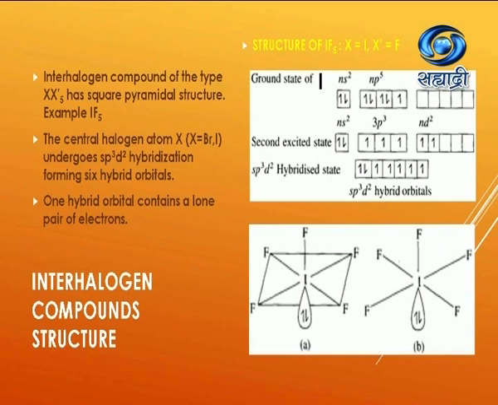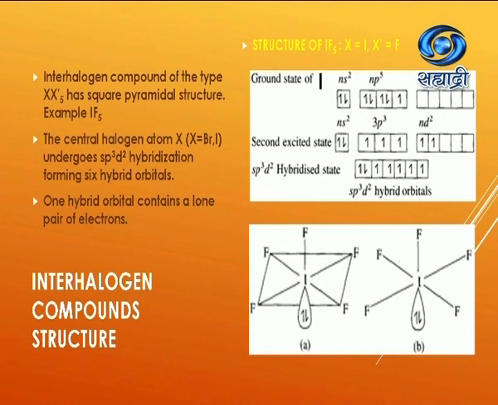And now the hybridization is sp3d2. So there will be formation of a total of 6 hybrid orbitals. Out of these 6 hybrid orbitals, 1 hybrid orbital contains a lone pair of electrons. In the structure it can be observed, so it is a square pyramidal structure.